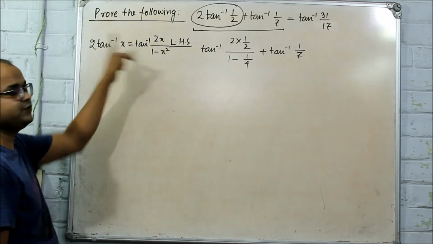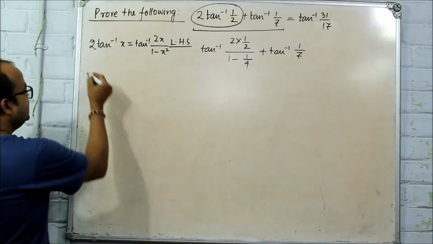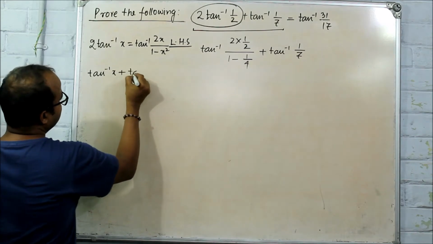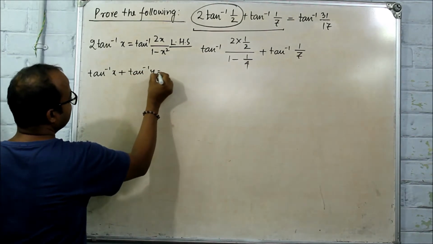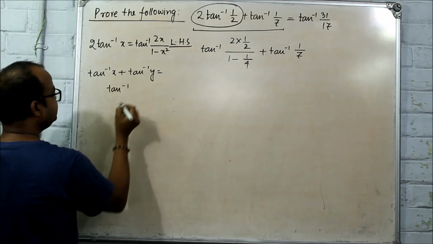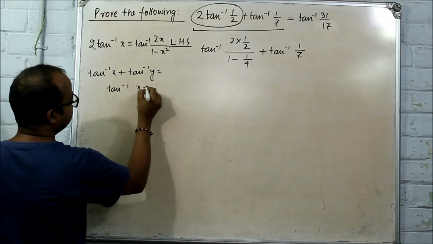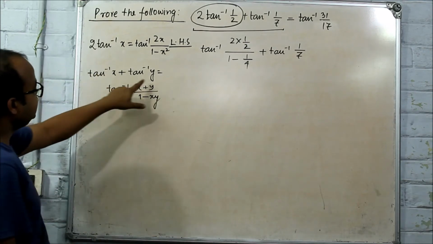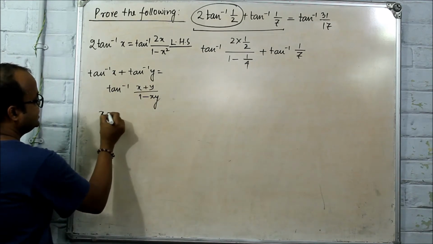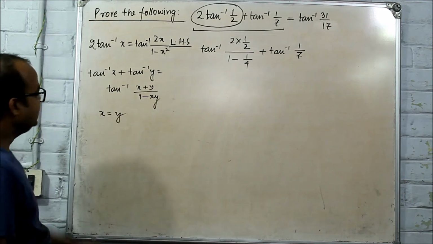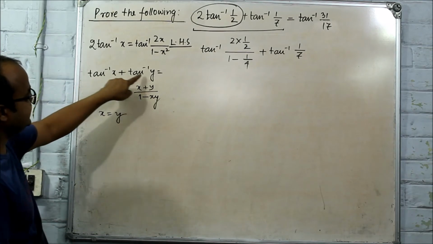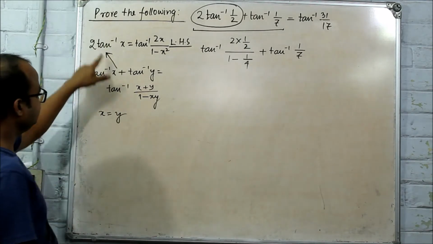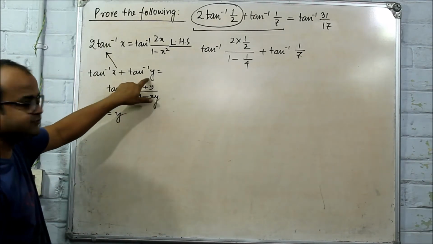If you forgot this formula, then you can alternatively use this formula for tan inverse x. How will you use this formula? Tan inverse of x plus y by 1 minus xy. Now see, if we write x is equal to y, then tan inverse x plus tan inverse x is equal to 2 tan inverse x. 2 tan inverse x can be written as tan inverse x plus tan inverse x.